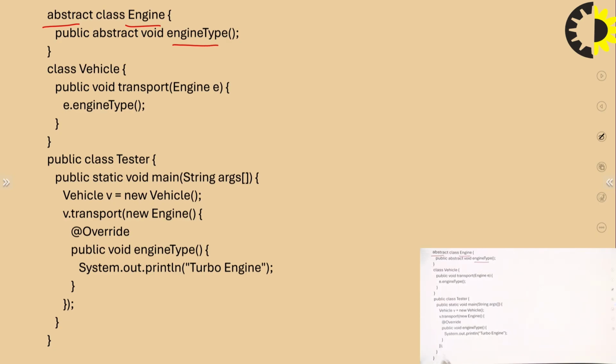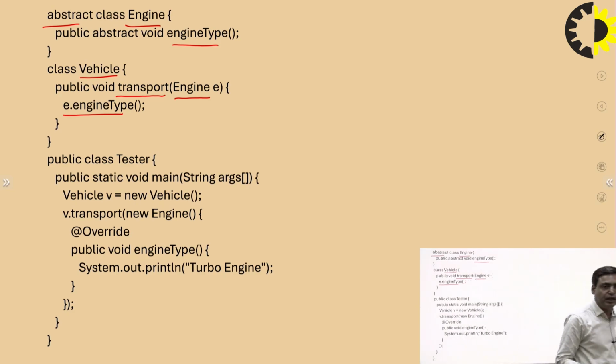Then we have created one more class, Vehicle, and the Vehicle class has a method transport, and here you can see we are receiving an object of the class Engine, and with the help of this e we are calling engineType. It is a method of the Engine class, and at this stage it is not implemented, it is an abstract method.